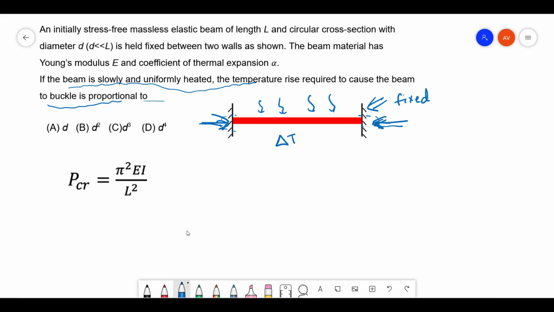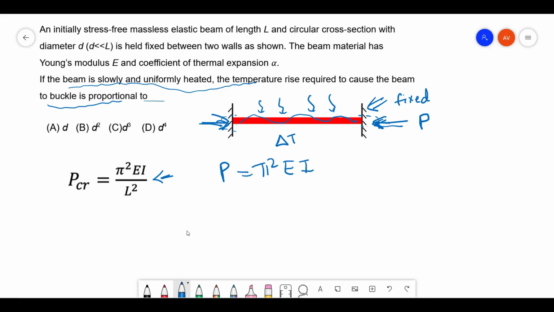Now let's assume that there is some load P because of which the rod might buckle. Let's find out that P. According to Euler's theory, the critical buckling load is given in this form. Let's say that load P is where it is buckling.